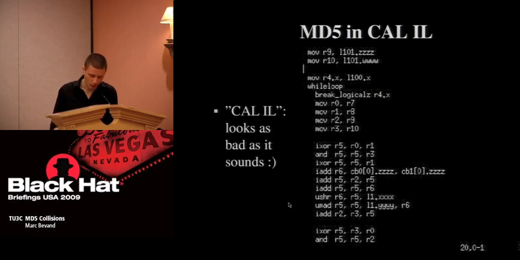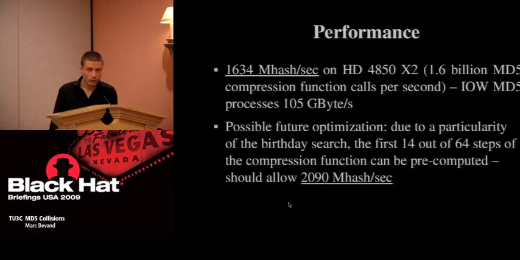I don't have much time to explain more about it, but basically the results I obtained were about 1.6 billion MD5 hashes per second that can be computed on the HD4850X2 card. And I have noticed a potential optimization that would allow me to compute up to 2 billion hashes per second, but I have not yet tested it, so we will see.